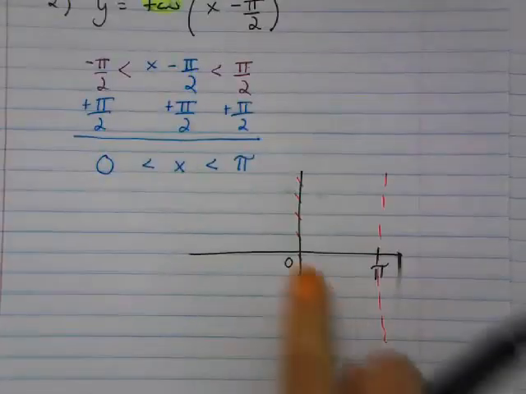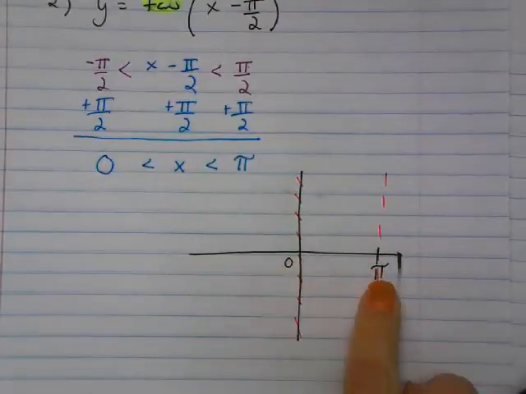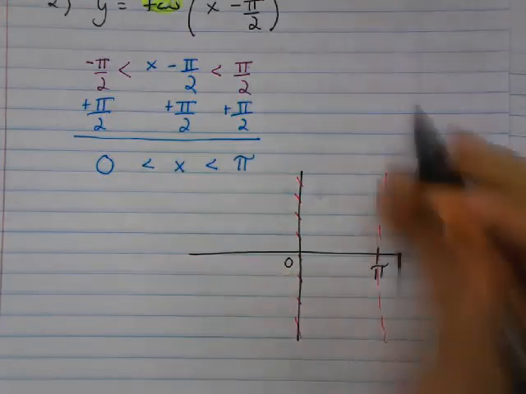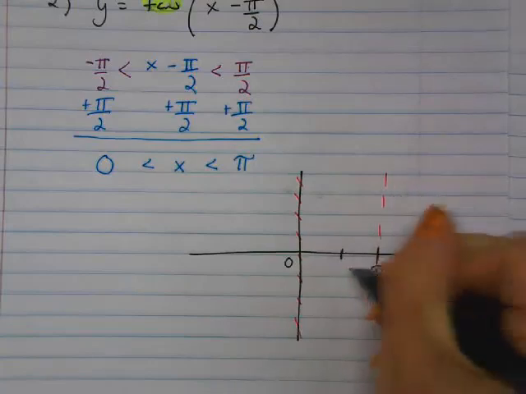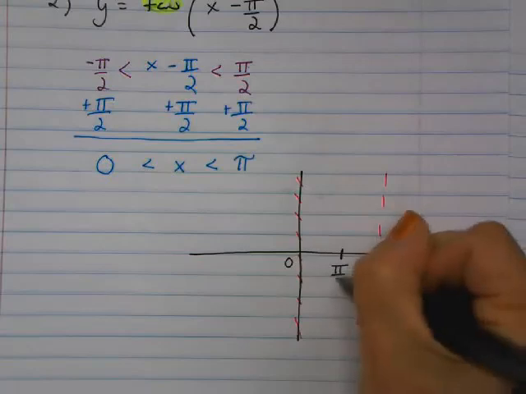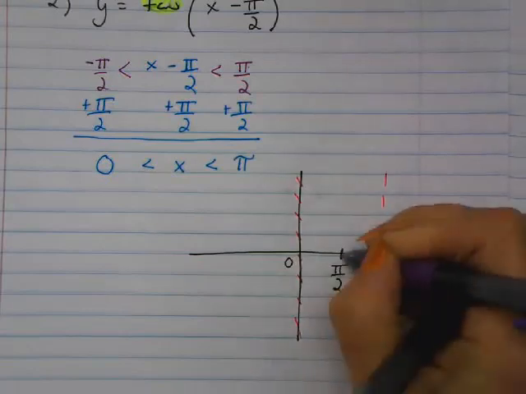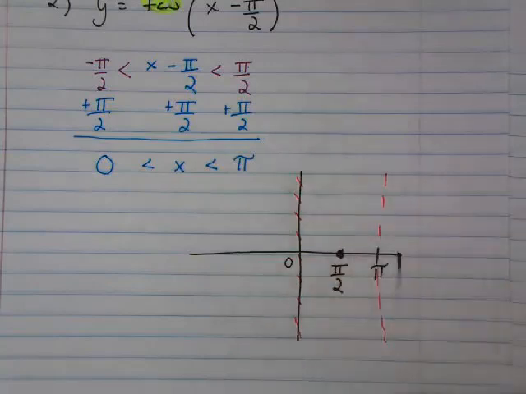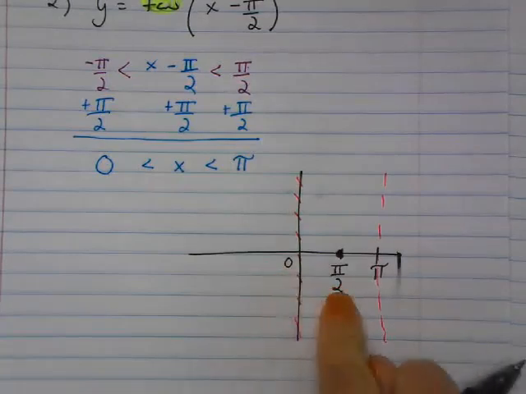That's where my x-intercept is. Now I need you to subdivide here. Between 0 and 1/2 is 1/4. And between 1/2 and 1 is 3/4.